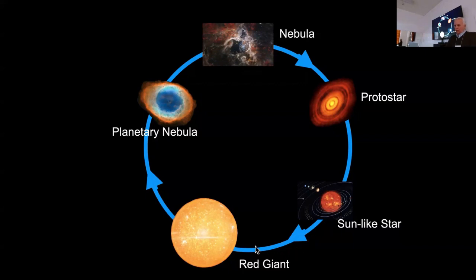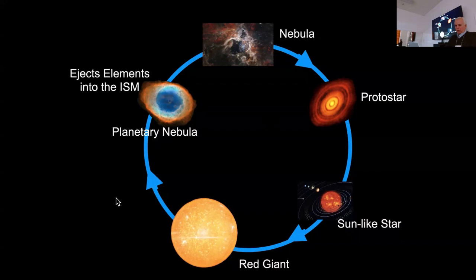That eventually, in billions of years, turns into a red giant. Red giant continues to evolve, forms a planetary nebula, and gives off some of the elements that have been formed. And that's available to make new stars. So there's a real cycle in the universe.